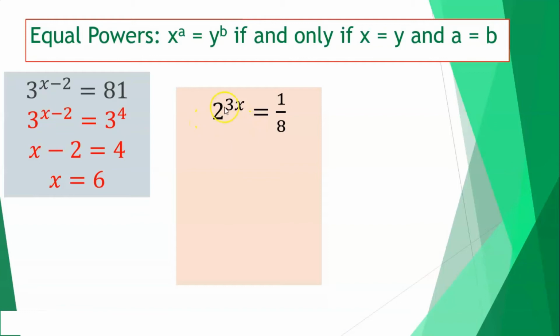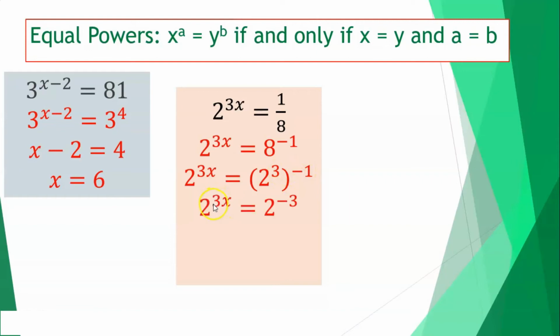Another example. 2 to the power of 3x is equal to 1 over 8. At this point, the base is 2. So with this, 1 over 8 is the same as 8 to the power of negative 1. So rewrite 8 to the base of 2. So that would become 2 to the power of 3, to the power of negative 1.